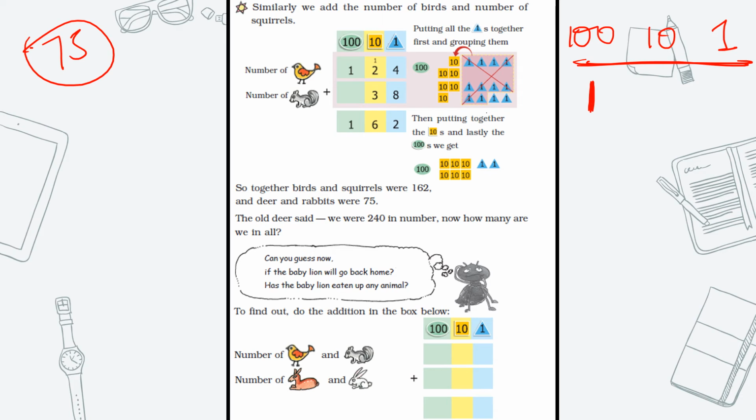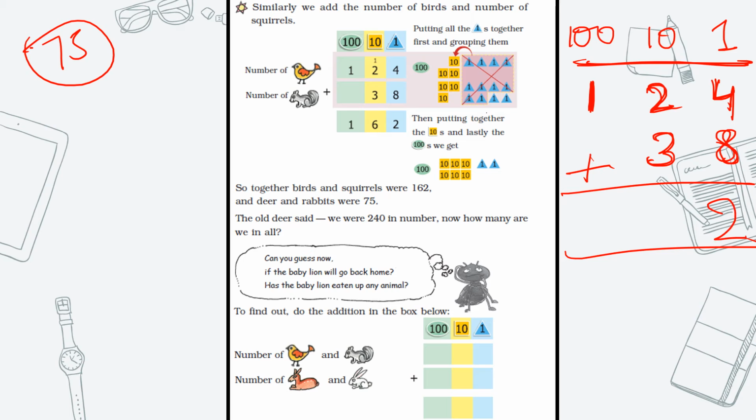How many tens? 2. How many ones? 4. And how many rats do we have? 38. How many tens? 3. How many ones? 8. Total, how many do we have? 162. Okay. So we had to check if the total animals were 240 or not.